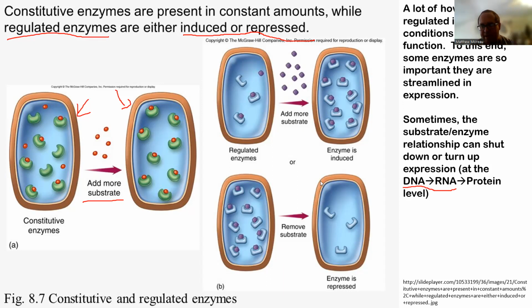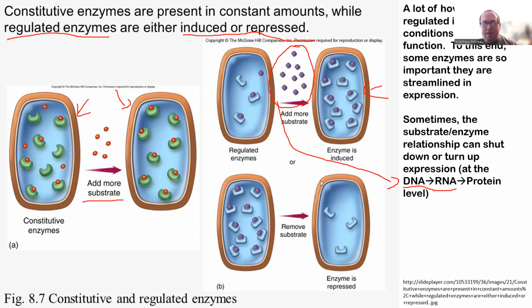Let's just say that they're regulated, because if the enzyme is induced, this typically is because you have more substrate, and the more substrate feeds back somehow to the DNA. So the cell knows that there's more substrate, and it tells the DNA to make more RNA, make more protein. So you get more enzymes to deal with the amount of substrate, so your enzymes aren't fit to saturation.